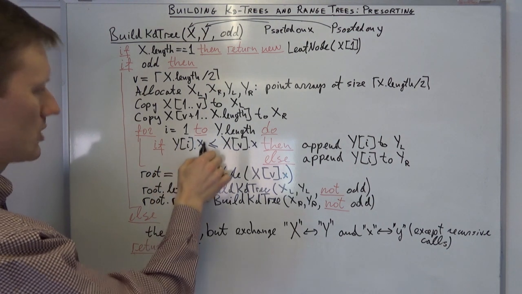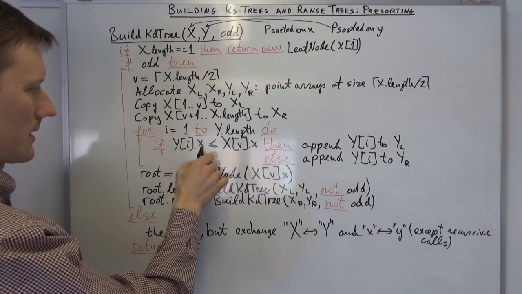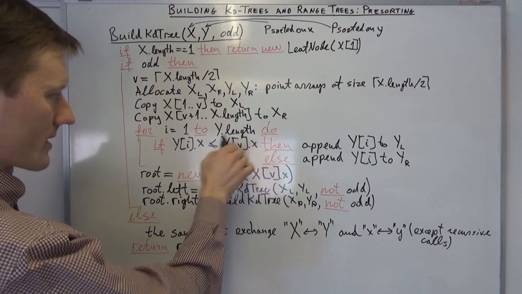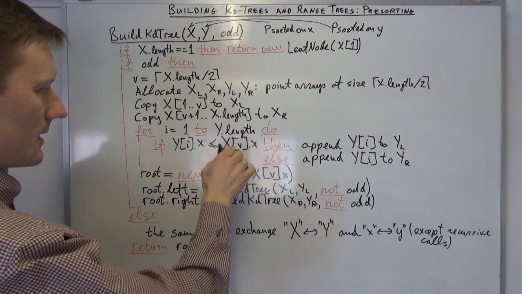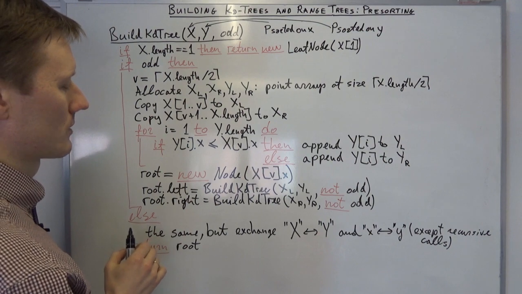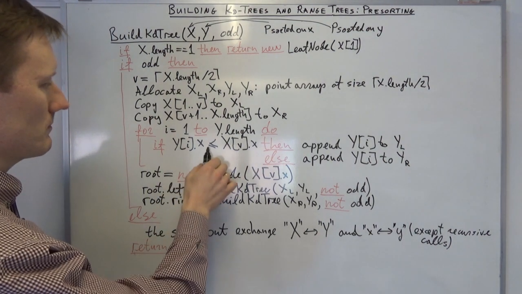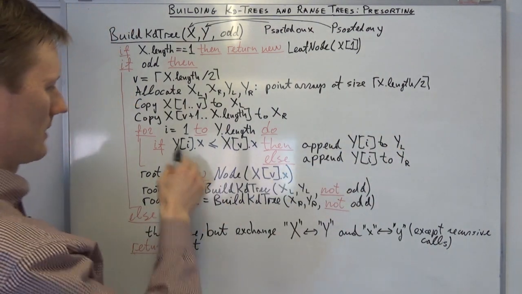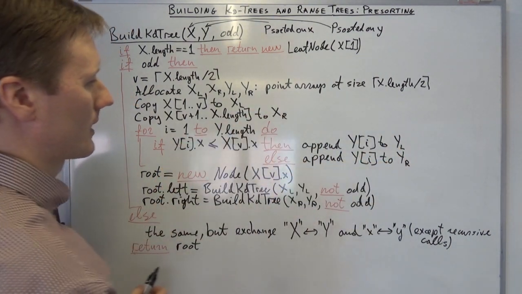So look at each point and at its X coordinate, and see if its X coordinate is smaller than the coordinate of the dividing line, then we append it to YL. Otherwise, we append it to YR.